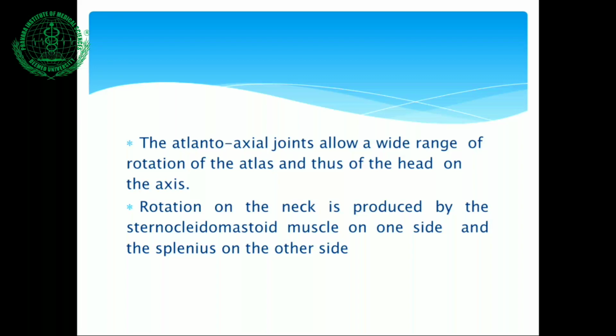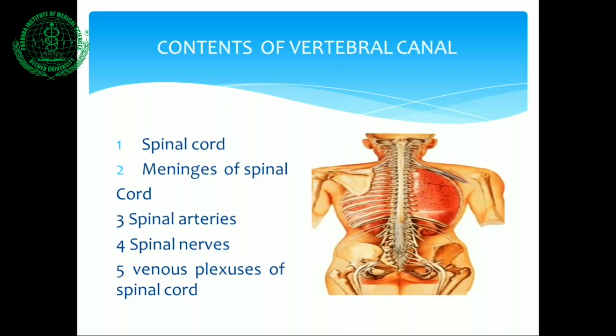The rotation of the vertebral column is extensive in the axial joint, and rotation at the neck is mainly produced by sternocleidomastoid muscle on one side and splenius capitis on the other side. This is about the movements occurring on the vertebral column.